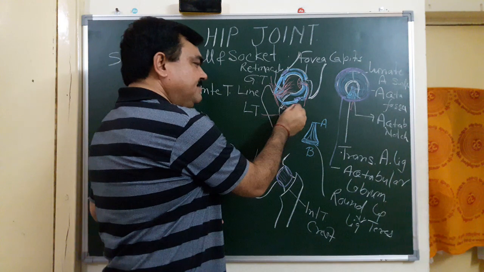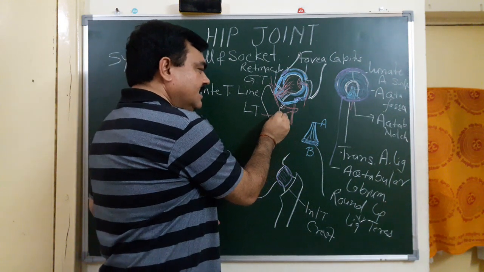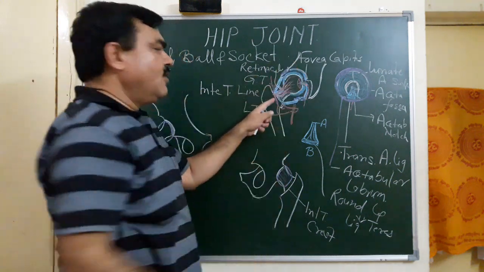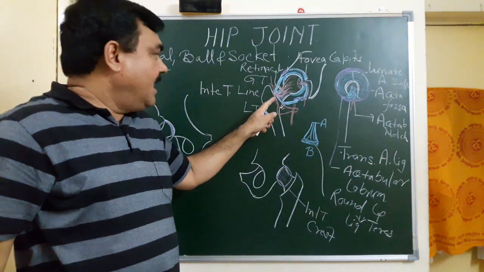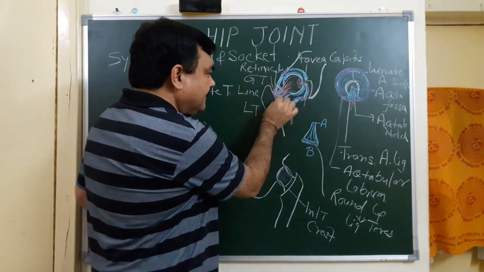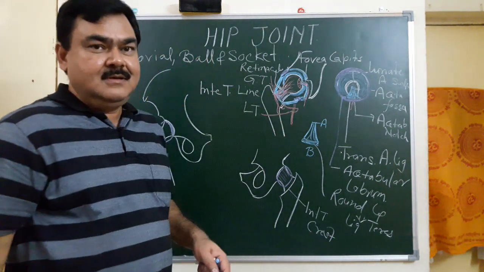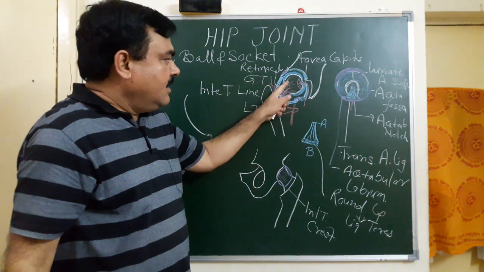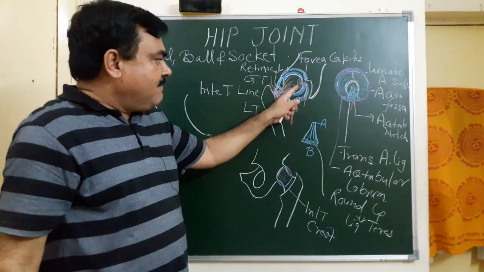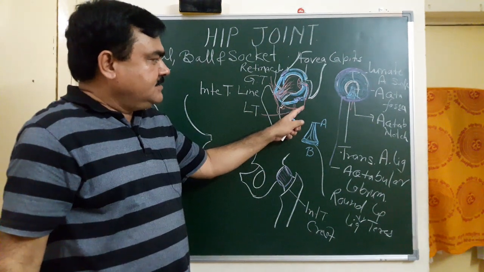The medial circumflex femoral gives an ascending branch, and the lateral circumflex femoral gives an ascending branch. These branches form a circle around the neck, and the retinacular branches arise from this articular circle and supply the neck and most part of the head. A small part is supplied by this, like here.